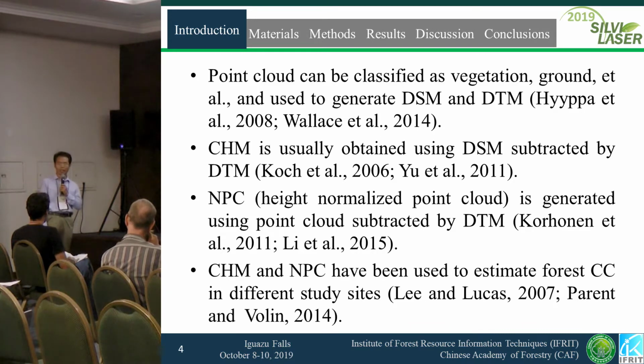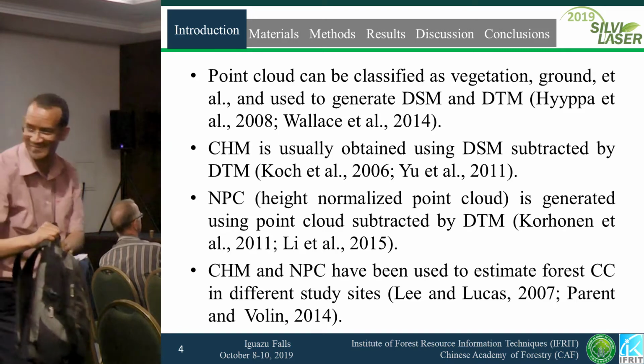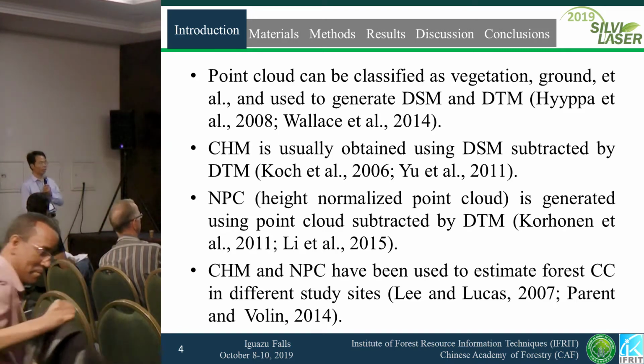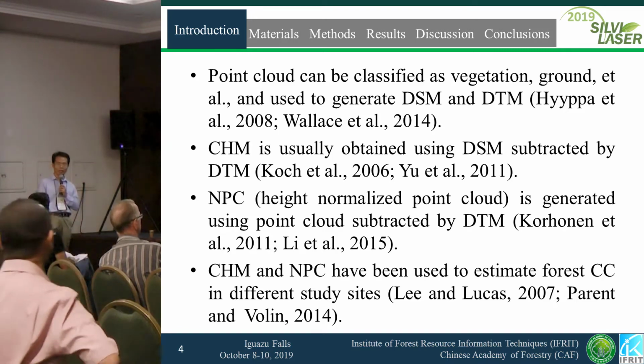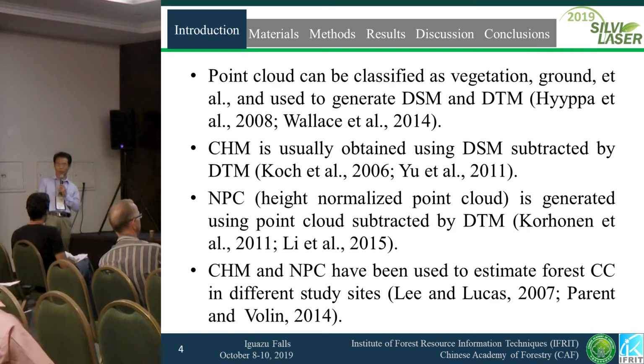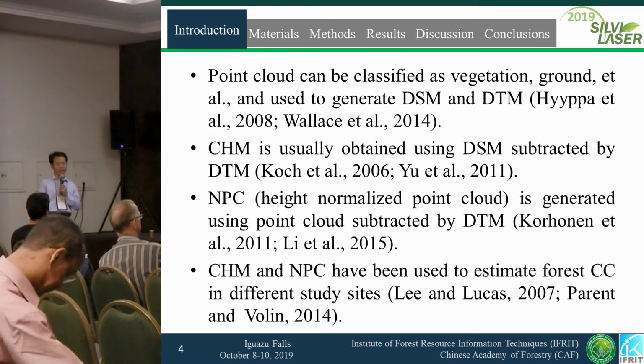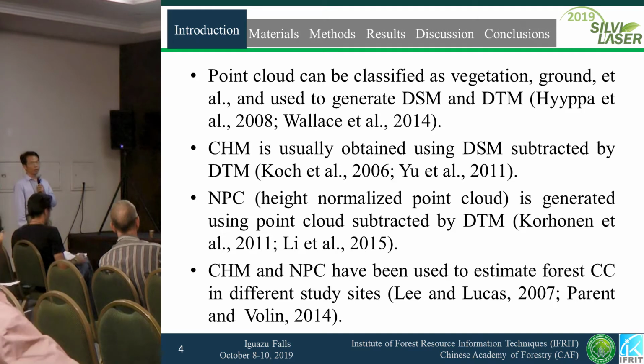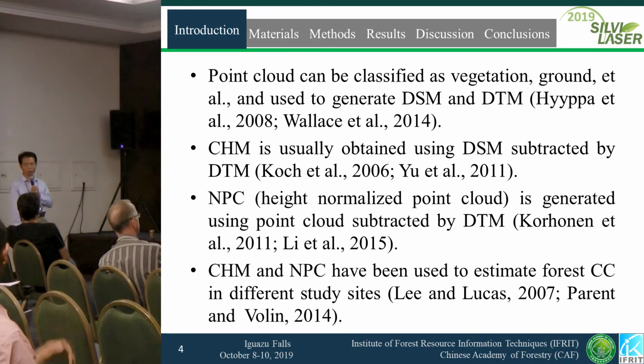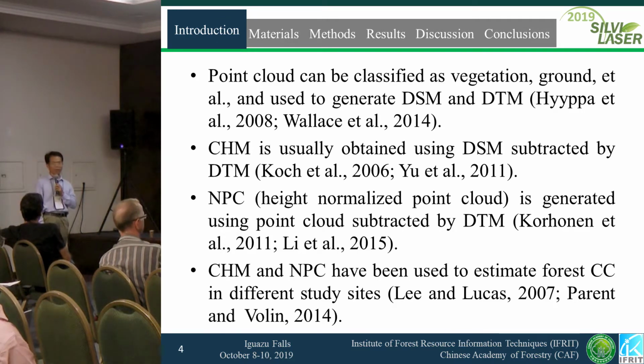Normally, LiDAR and photogrammetry can be used to get the three-dimensional structure. LiDAR can penetrate the forest canopy, and it's much better than photogrammetry, because photogrammetry is quite difficult for estimating the terrain.